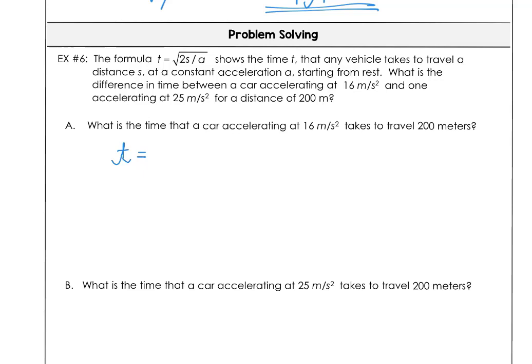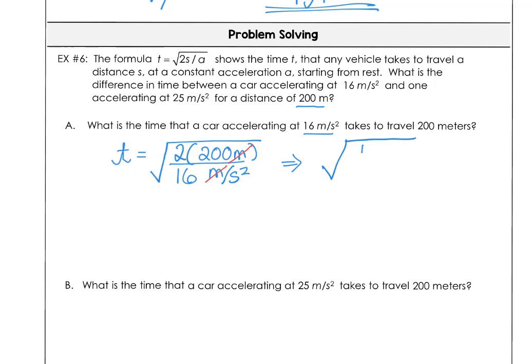So our value for s, we've got the square root of 2 times s. S is 200 meters. And the acceleration here is 16 meters per second squared. So this looks like we have a numerator. We can cancel out the meters over meters, and that's going to give us the square root of 400 divided by 16, and then 1 over seconds squared becomes seconds squared in the numerator.